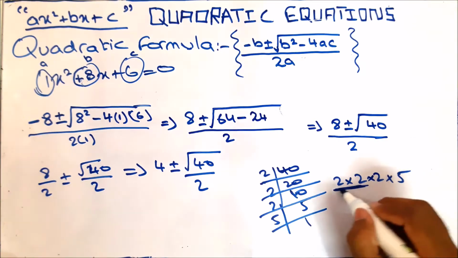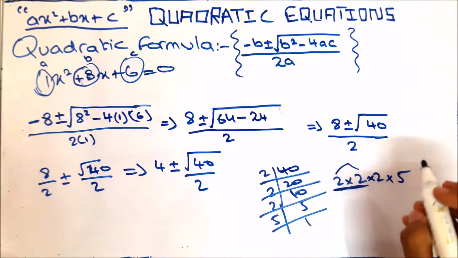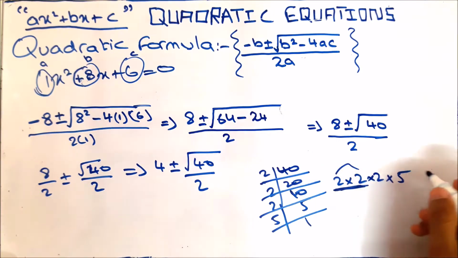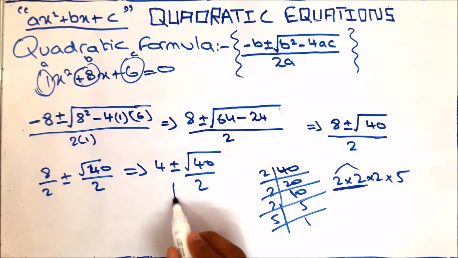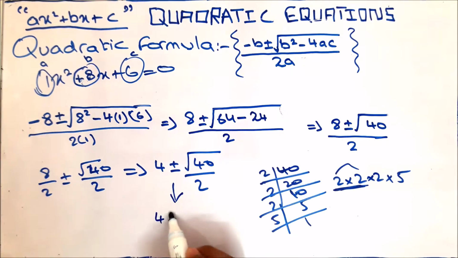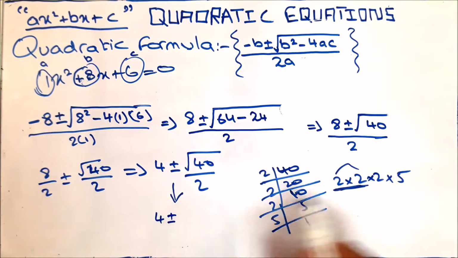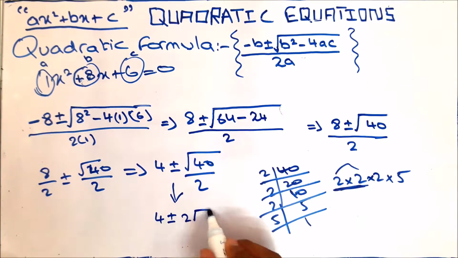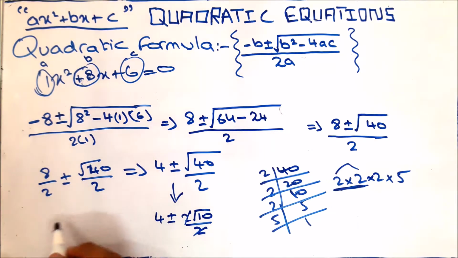So here we have a square term, so we can take out 2, and in the root we have 10. So it becomes 4 plus minus 2 times the square root of 10, divided by 2. The 2s cancel out. So finally we have 4 plus minus the square root of 10.